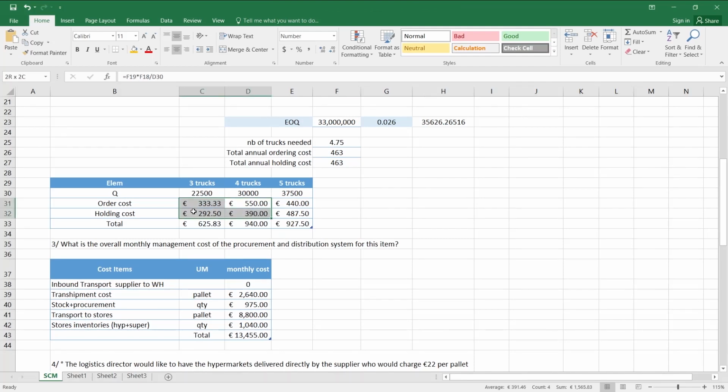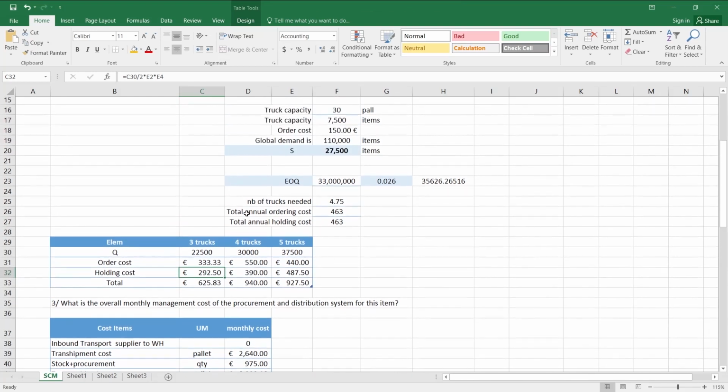So here basically I have duplicated the same calculations that we have done for the 4 trucks and the 5 trucks options. Here we can see that for the ordering costs, we have 333 euro, and for the holding cost it is 292 euros. Okay, it is 292. Sorry.